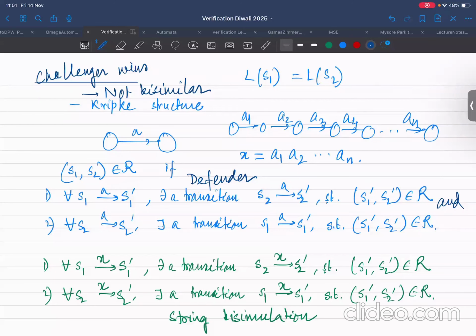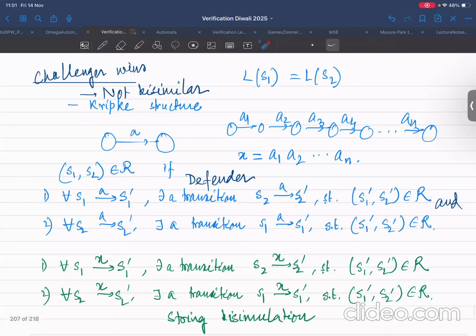Now the other thing to note is that the challenger has these conditions: for all the successors, it can be either from this side or from this side.